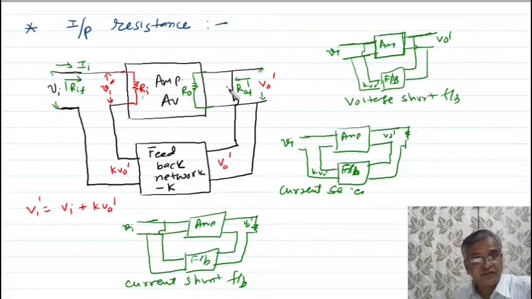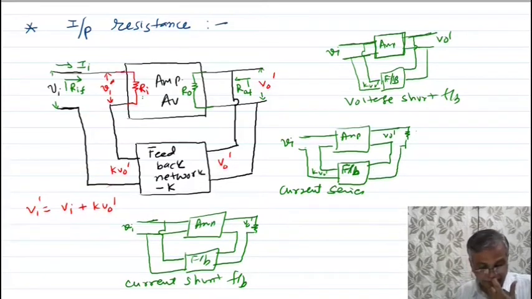For voltage series and voltage shunt feedback, output resistance due to feedback decreases, meaning ROF is less than RO. For current series and current shunt feedback, your effective output resistance increases.